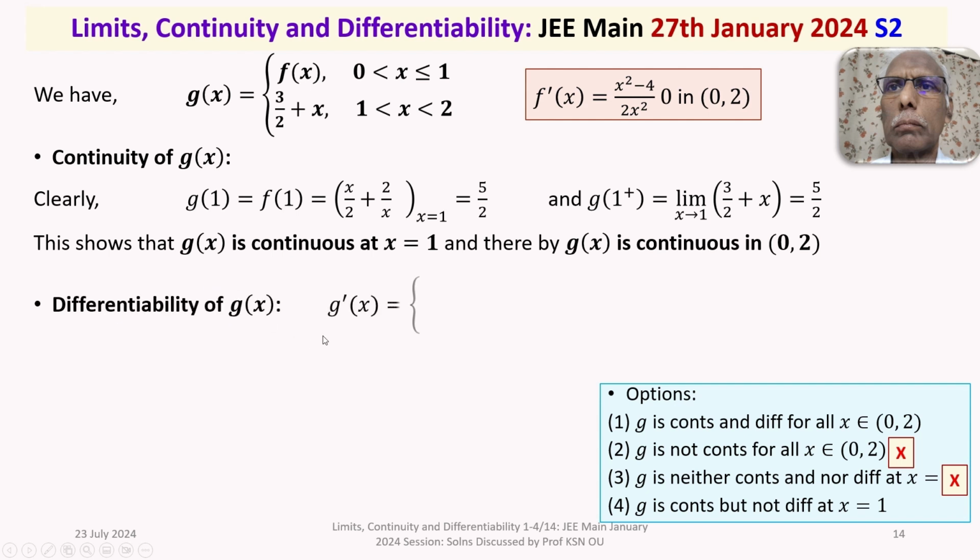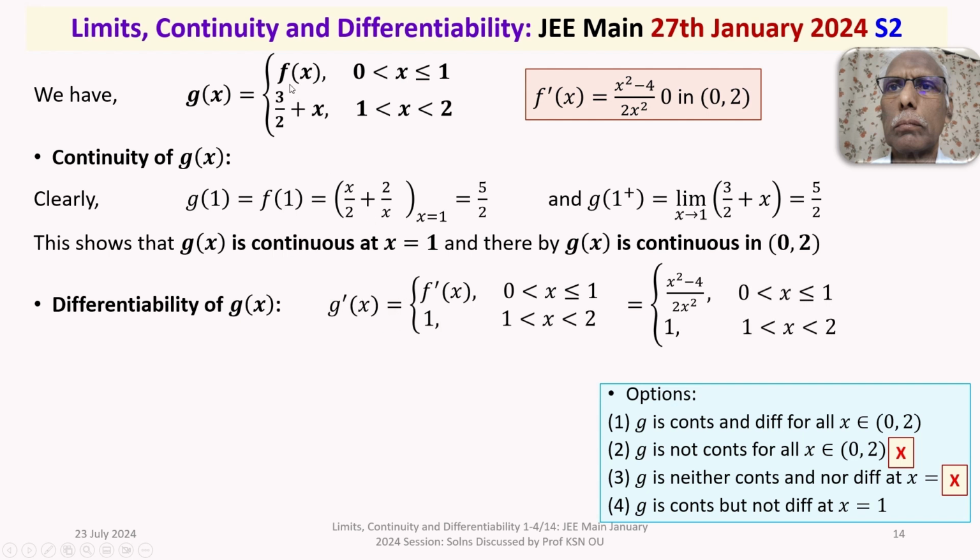Differentiability of g of x. Now g prime x is equal to f prime x, because f of x is a differentiable function in the interval 0 less than x less than or equal to 1. And the derivative of 3 by 2 plus x is 1 in the interval 1 less than x less than 2.